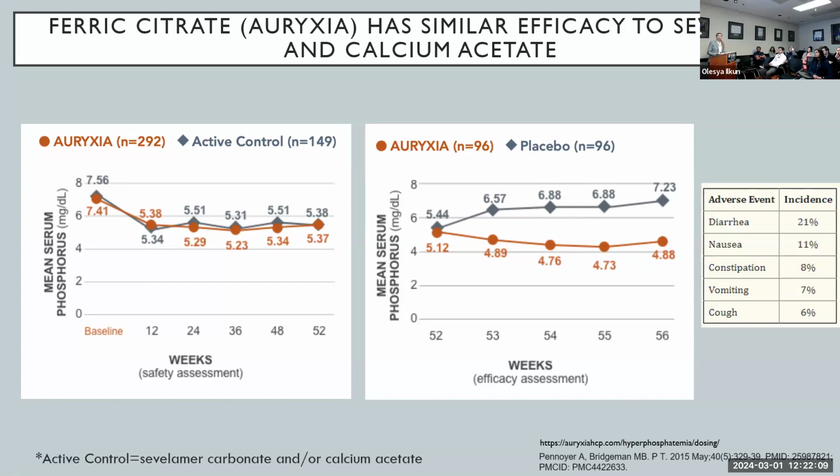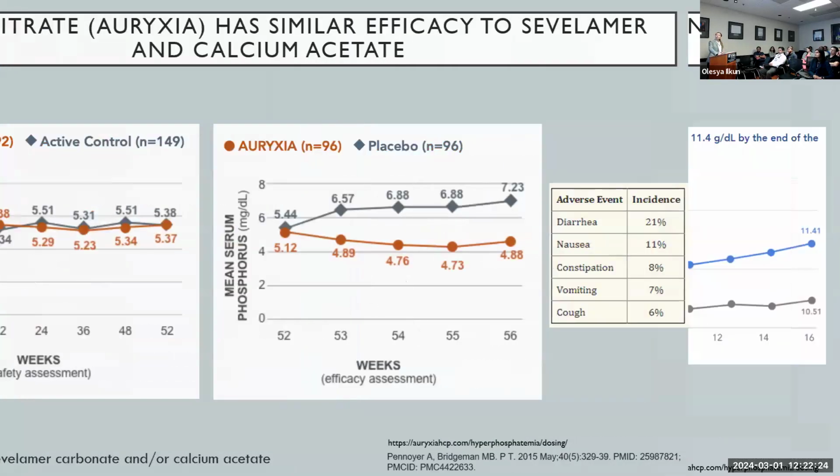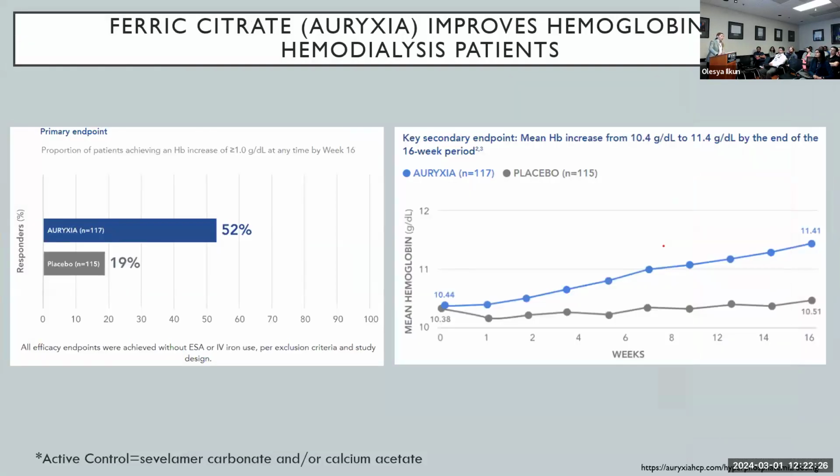The adverse effects are diarrhea, so iron preparation, right? 21%, nausea 11%, constipation, vomiting, which I found just probably because of the more pills. Another benefit, though, of iron preparations is that they do help increase your iron. By how much?